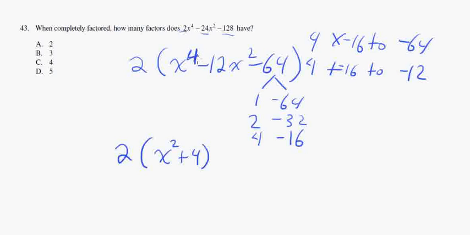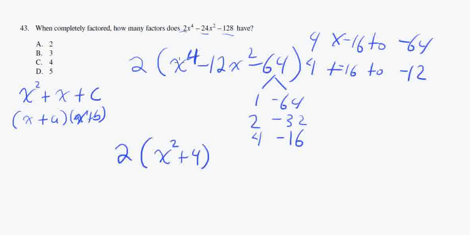Normally a trinomial is written as x squared plus bx plus some number, we'll call it c, and when we factor it, it becomes x plus some number, we'll call it a, and x plus some number b.